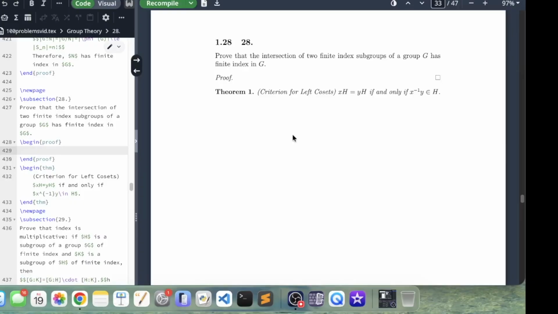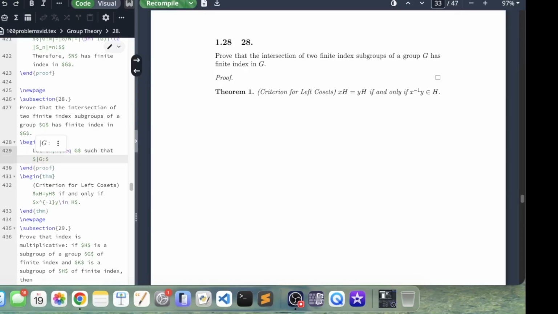We want two finite index subgroups of G. So let H and K be subgroups of G such that the index of H in G is finite, and the index of K in G is also finite.